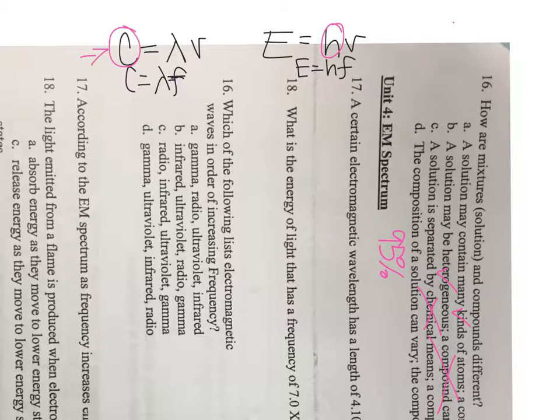C happens to be your speed of light, so that is 3 E8. H happens to be Planck's constant, so 6.63 E negative 34, or times 10 to the negative 34. No excuses not to answer these questions, you guys.